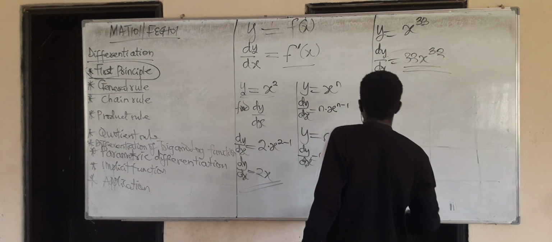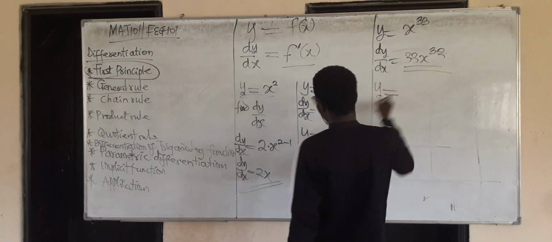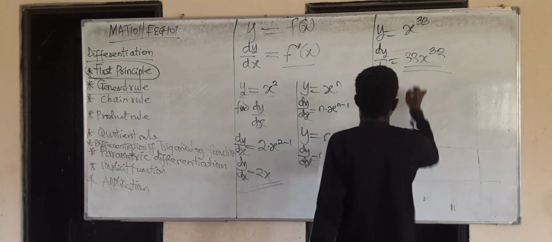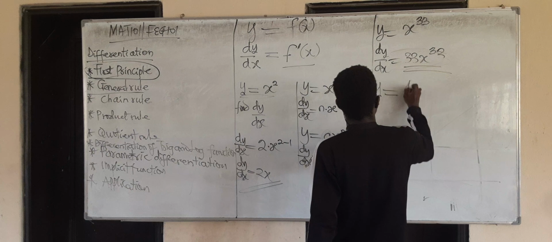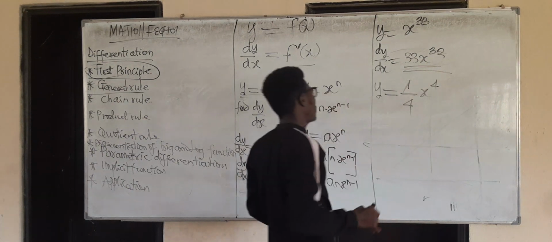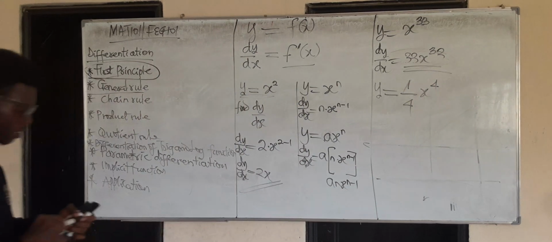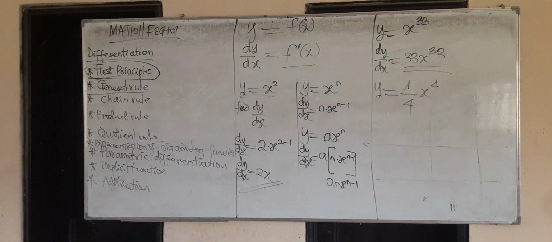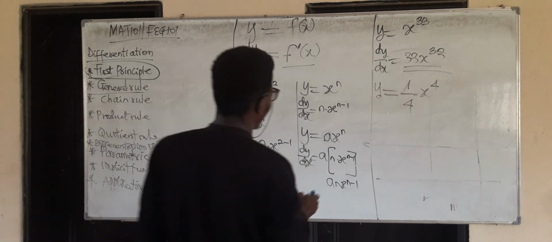Okay. What if you are given y equal to 1 over 4x to the power of 4? How do you find your dy/dx? dy/dx equal to 4, 1 over 4 by x.